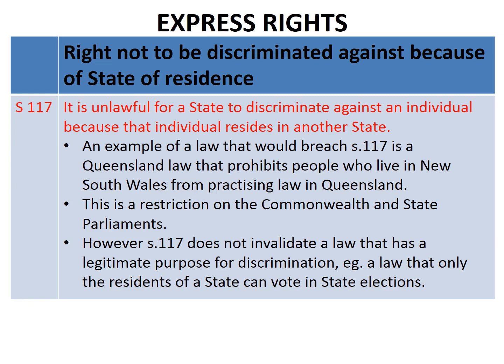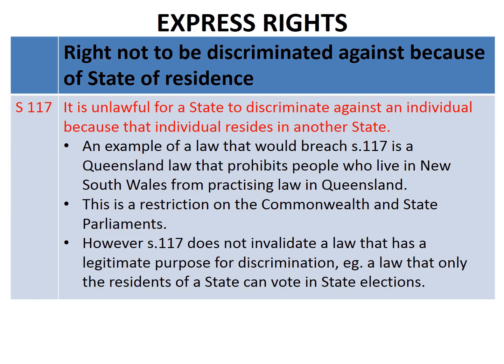However, the purpose of that law is not really to be discriminatory, but it's simply there to ensure that the only people who can elect a Victorian government are people who live in Victoria. And that makes sense because the Victorian government governs for Victorians. It governs Victoria. It doesn't govern for people who live in New South Wales.